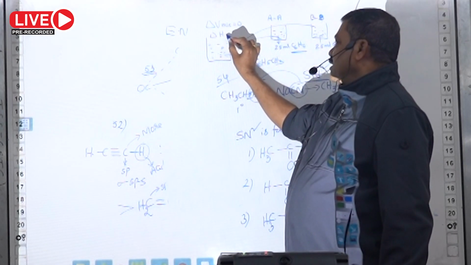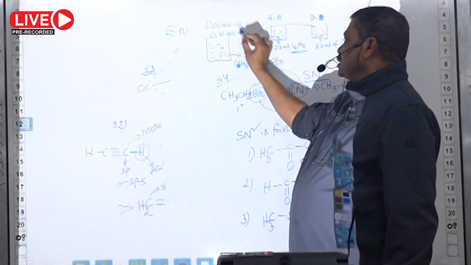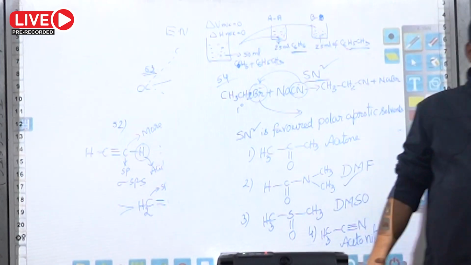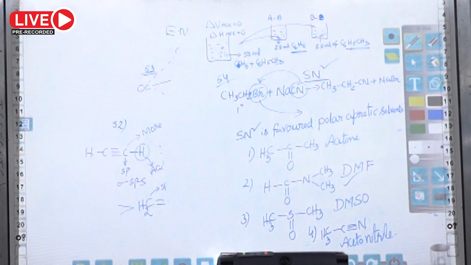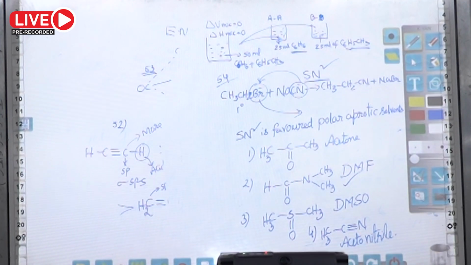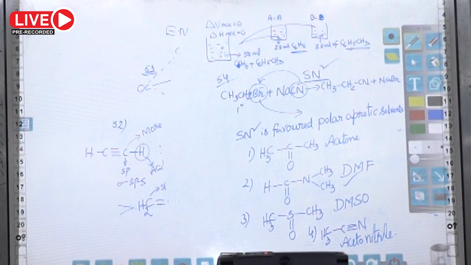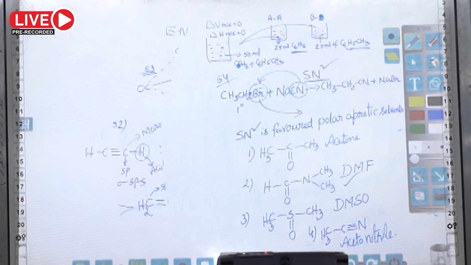So delta H mixing is equal to 0. So whenever an ideal solution is formed, there should be no volume change and no energy change. Delta V mixing is equal to 0, correct it to V.